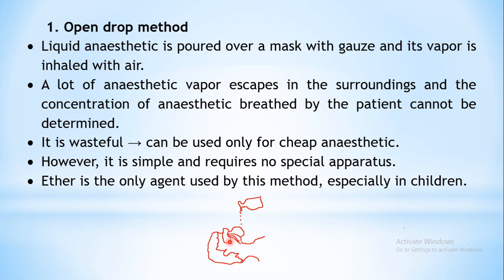It will vaporize because they are volatile liquids. Those vapors which are formed will be inhaled by this person, and that's how the anesthesia is instituted, or administered to a particular person.